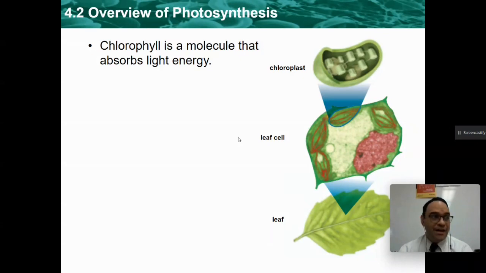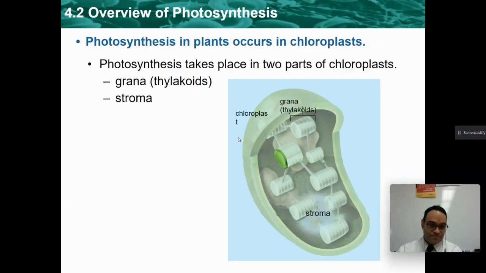And then inside of the microscopic cell is a chloroplast. So you have a leaf, which is visible, a leaf cell, which is microscopic, and then something inside of a microscopic thing is a chloroplast. I like to call that submicroscopic. So it's very, very small.